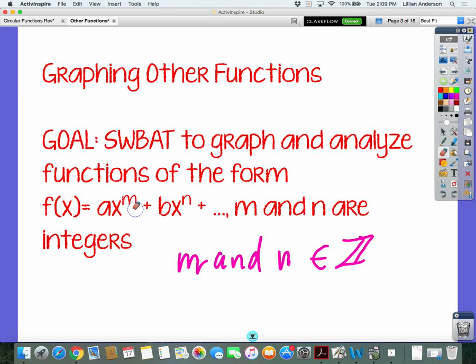Quadratic would be 2. Exponential, the exponent is actually a what? Not a fraction, not a sign. Think exponentials. It's a variable.